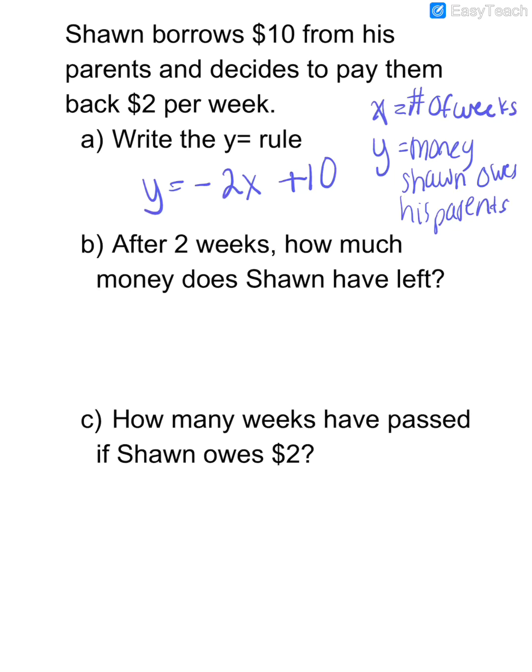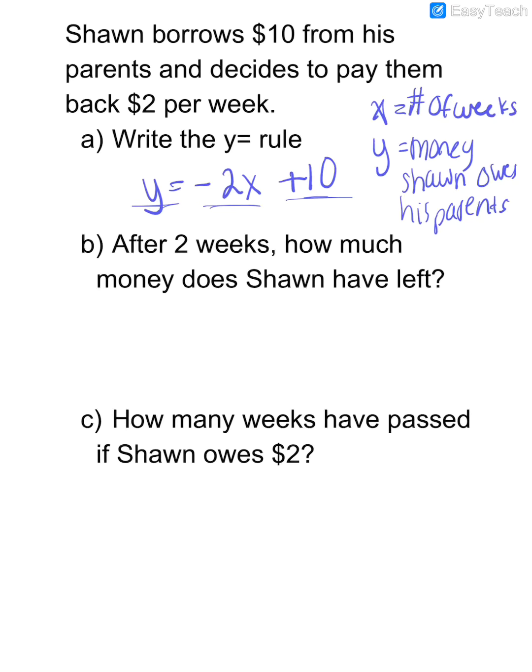Okay, because Sean borrowed this money from his parents. So that's how much money he owes them back, because this is saying he borrowed $10 and he's paying them back at $2 per week. So then y, this whole thing, represents how much money he's still going to owe them after a certain amount of weeks.